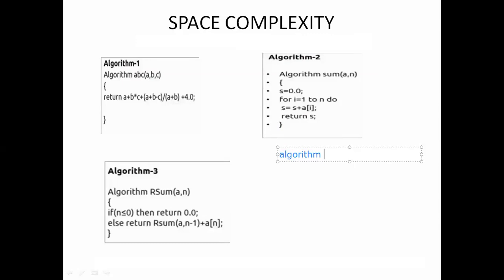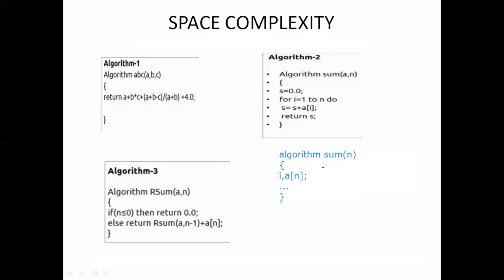So we have an algorithm, sum. It has n size. We are writing some variables here, i comma, just for general thinking, and we are taking these as variables. And we write some other code. Then it will end.